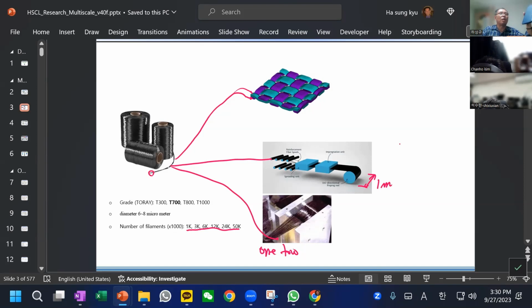Again, one by one, it has to be spread so that it is well spaced. Compared to this one, we just have zigzag weaving. So this is called woven, and this will be just a spread pole.